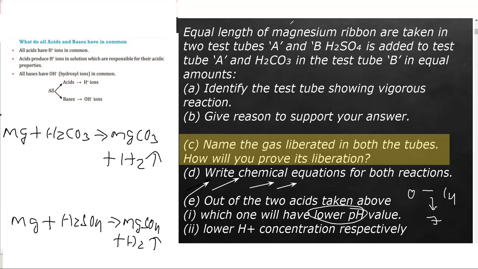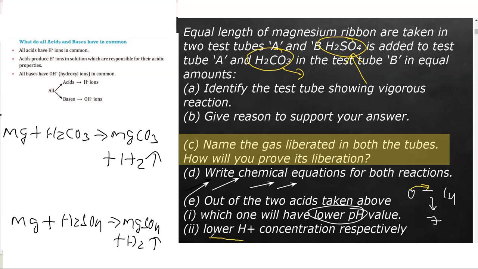And the weaker acid, H2CO3, is less acidic, and that's why it will have a higher pH. By higher, I mean towards 7, not more than 7, but less than 7 and more than 0.